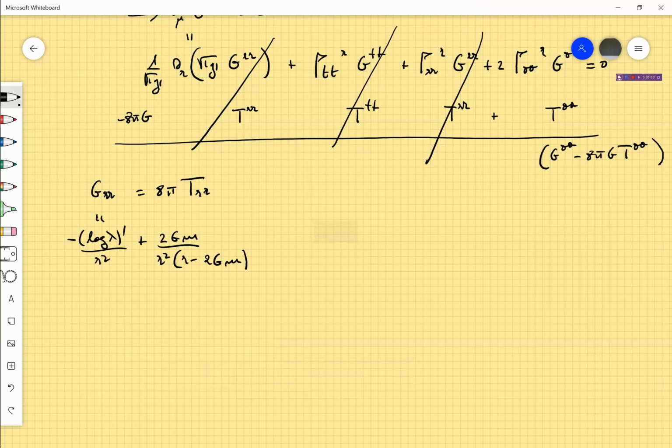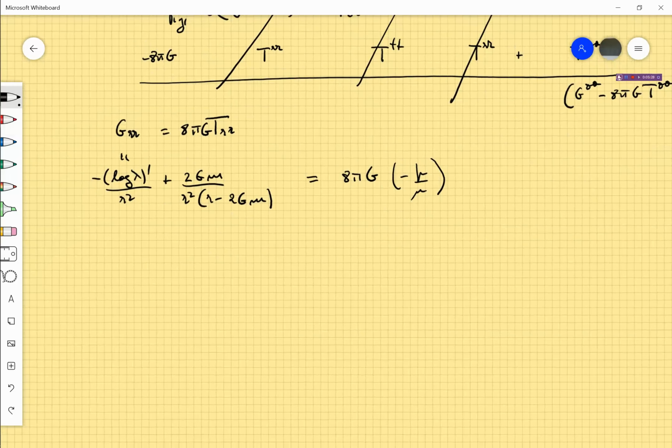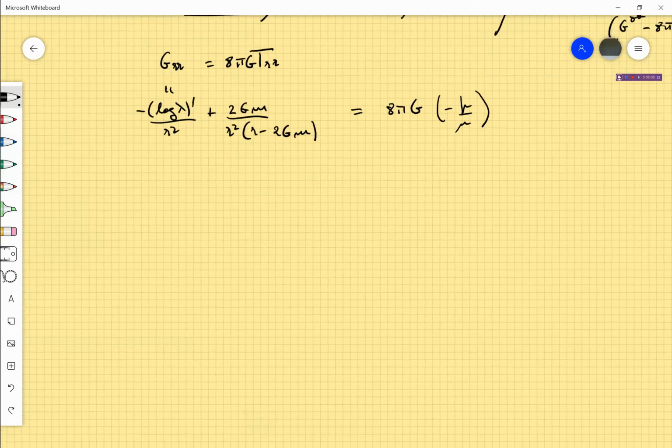Okay, and in the right hand side, sorry, I forgot g, we have 8 pi g and TRR, which we computed before, and which was minus p divided by mu. Okay, I just write this as an equation for lambda, a differential equation for lambda, and pack in everything.